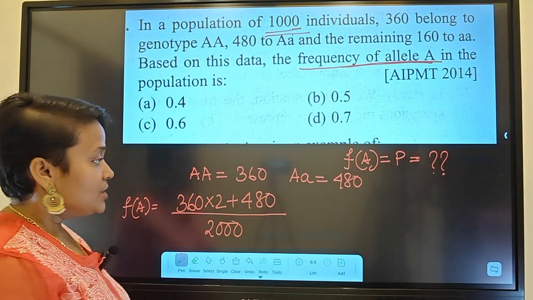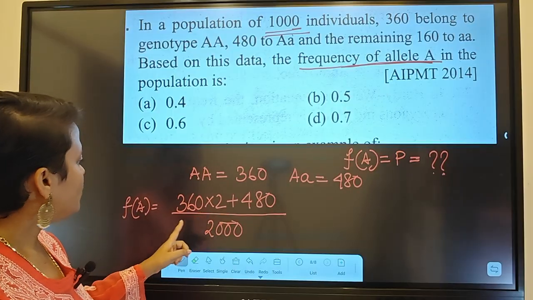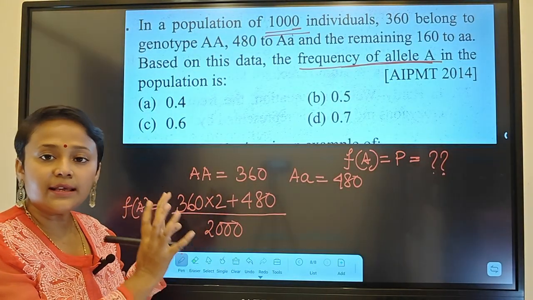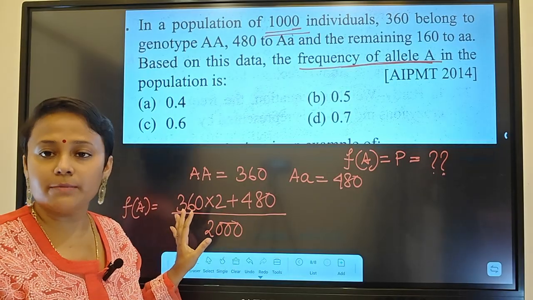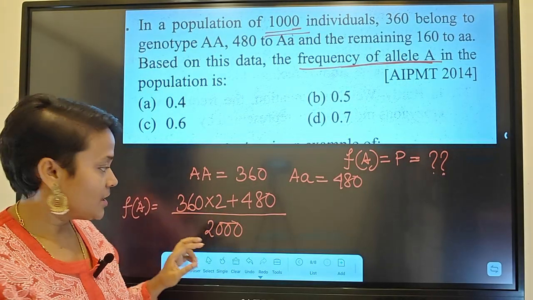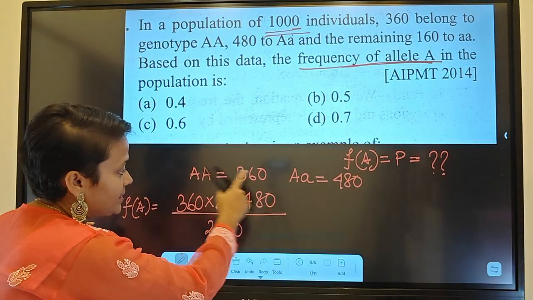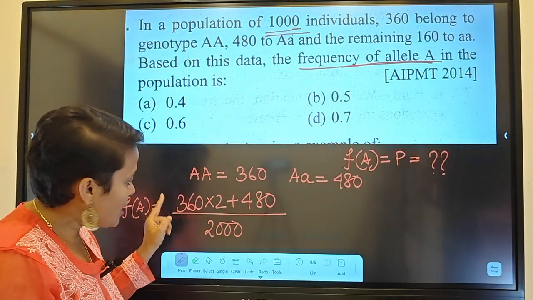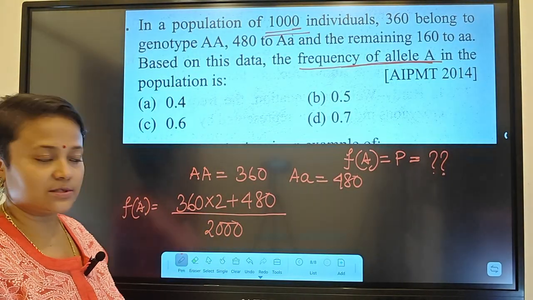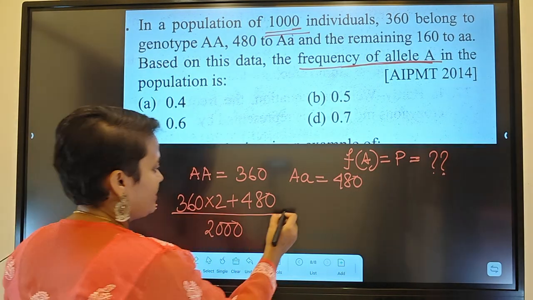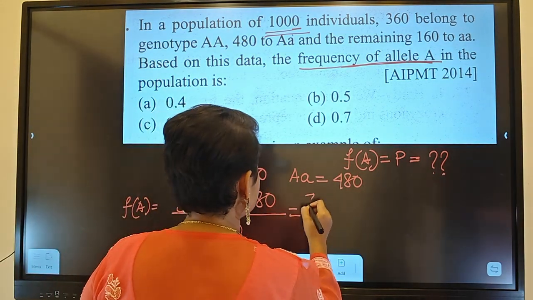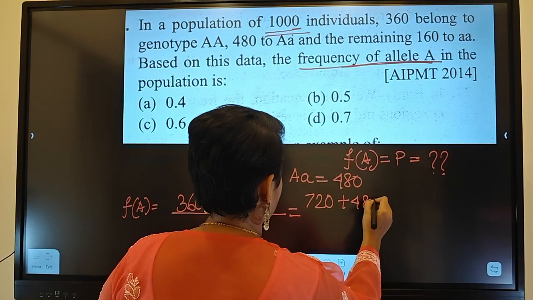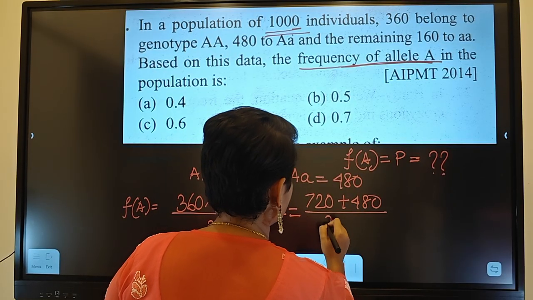So what is the frequency? It is how many capital A are present divided by the total number of alleles in the population. How many capital A are present in the population? This many. And how many total alleles? 2,000. So let's simplify it: 360 into 2 is 720, plus 480, divided by 2,000.